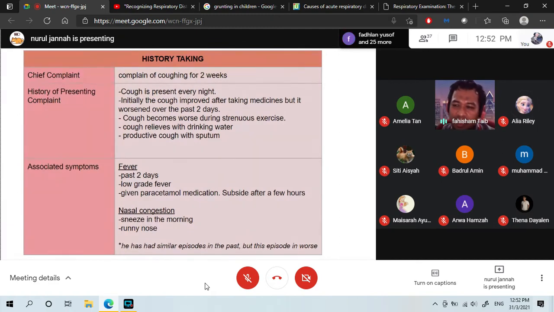Okay, so A, in the history, because this is the first time you are going to take the history, you want to establish what type of asthma this is. So the history, although this is the presentation, prior to this presentation, what is happening? Is it intermittent or persistent asthma? So the history that you should be taking will be related to the need to use inhaler, exacerbation, the cough, isn't it?